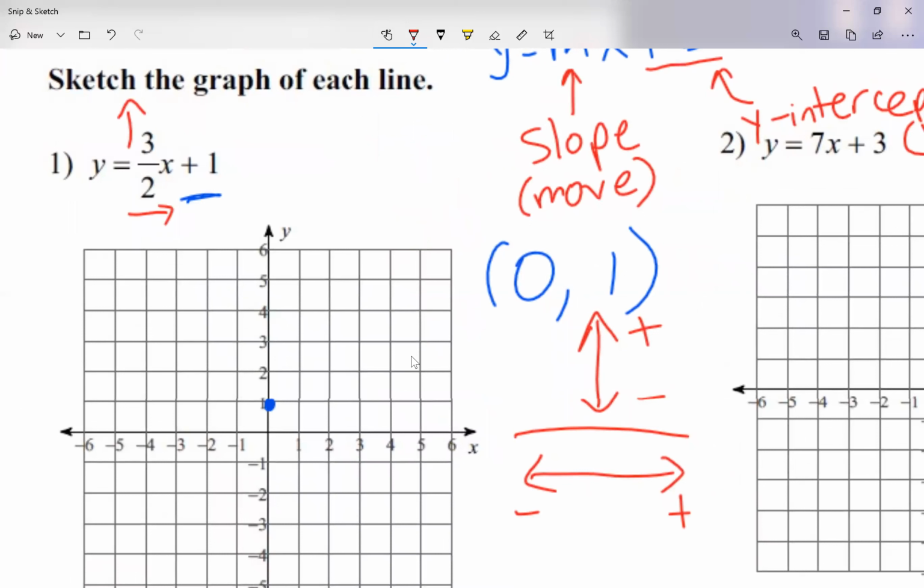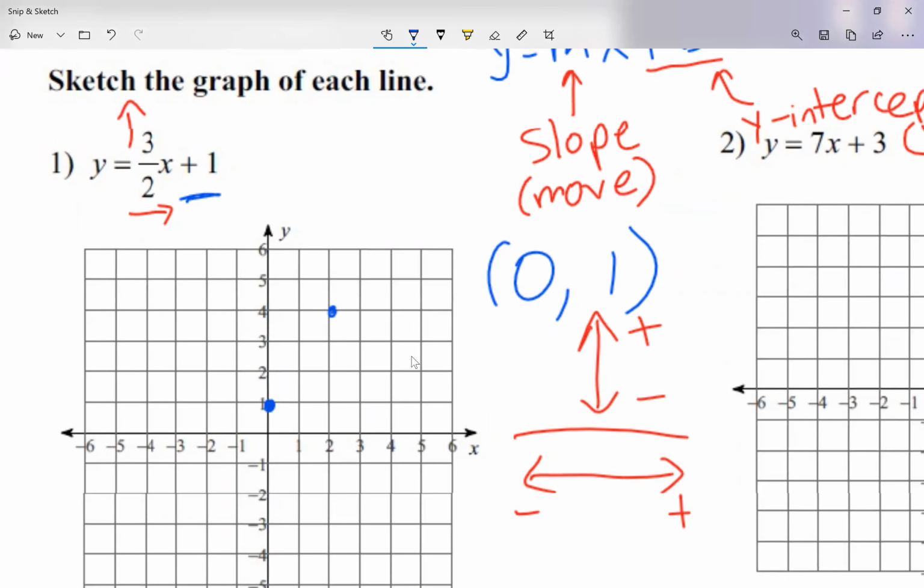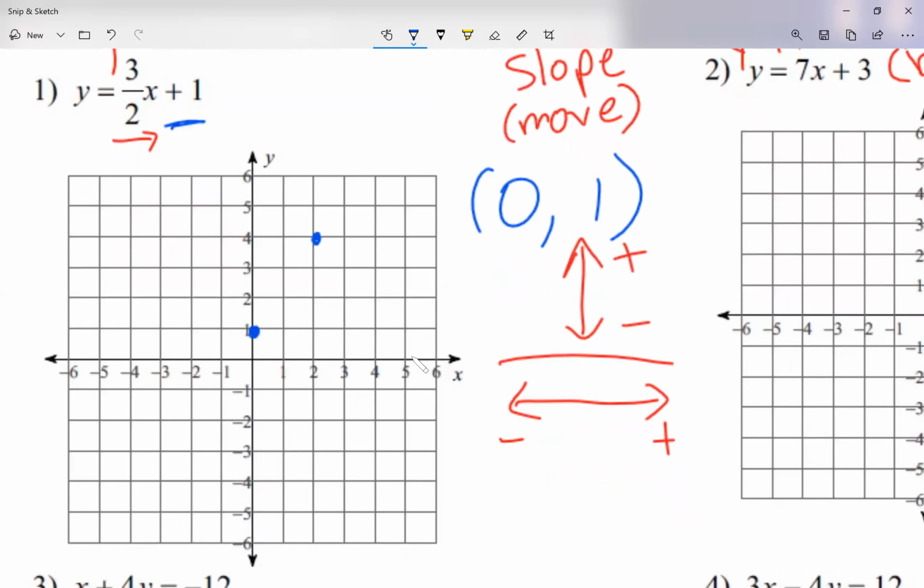From the point that I have, the point (0, 1), I go up 3 and 2 to the right. That gives me this other point. Now that I have 2 points, I can just connect them. In order to get a line, I really just need 2 points. So I'm just going to make a line that goes through them.